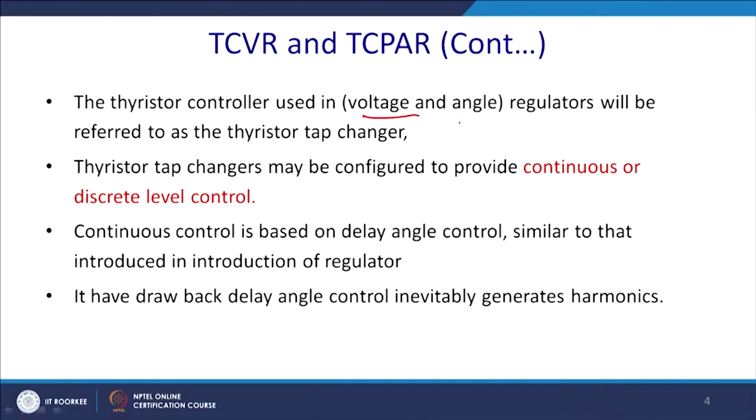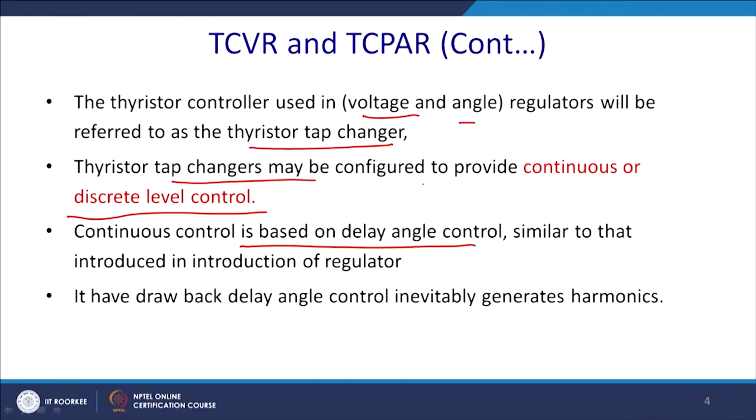The thyristor controller used in the voltage and angle regulator will be referred to as a thyristor based tap changer. These thyristor tap changers may be configured to provide continuous or discrete levels of control. So, you may have a step change or a continuous change, where we have a number of switches that will increase.